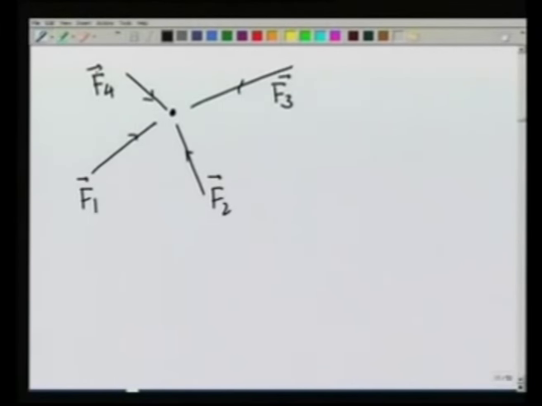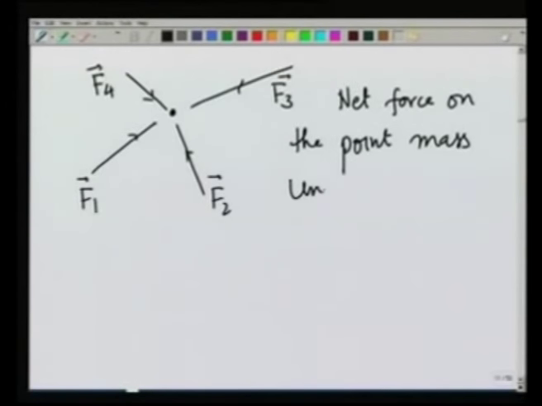If the body does not move and its acceleration is 0, that means the net force on the point mass under equilibrium is 0.